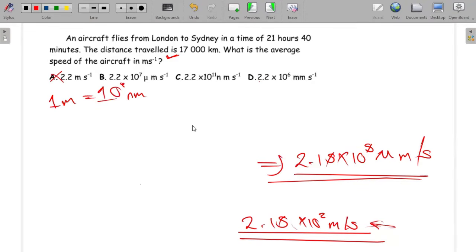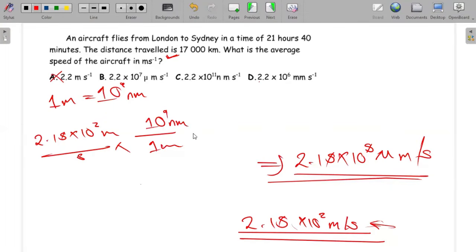Okay, so we're going to do the same. We're going to say our 2.18 times 10 to the power 2, this is meters over second, multiplied by what do we have? We have 1 meter, then we have 10 to the power 9 nanometers. What answer is this going to give us? 2.18 times 10 to the power 11.